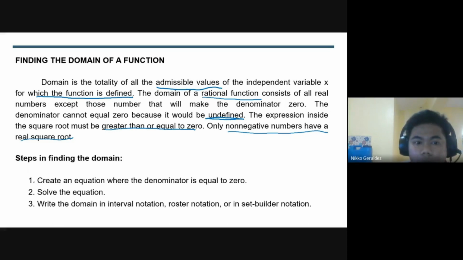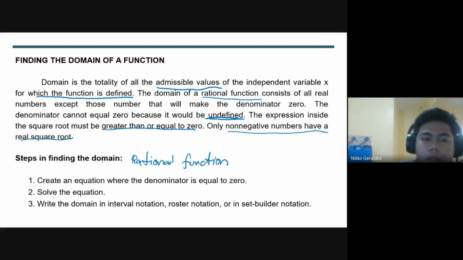So step 1, this is for rational function. Create an equation where the denominator is equal to 0. Then solve the equation.